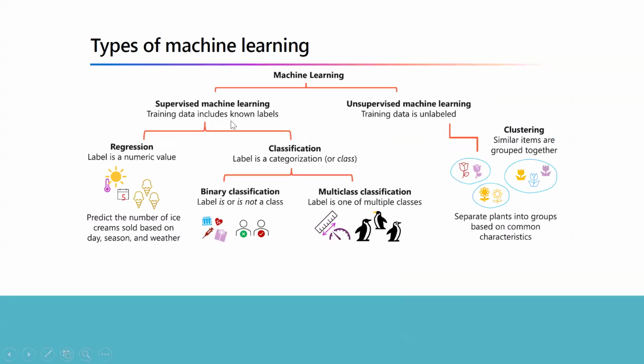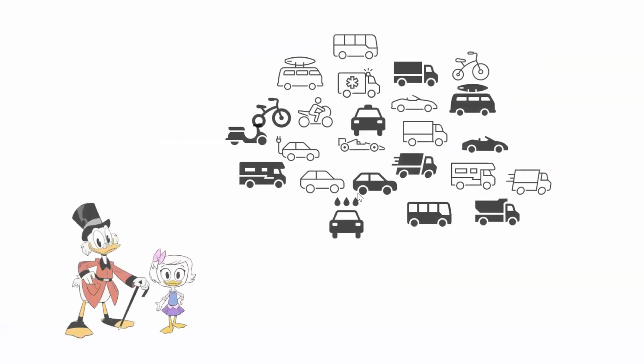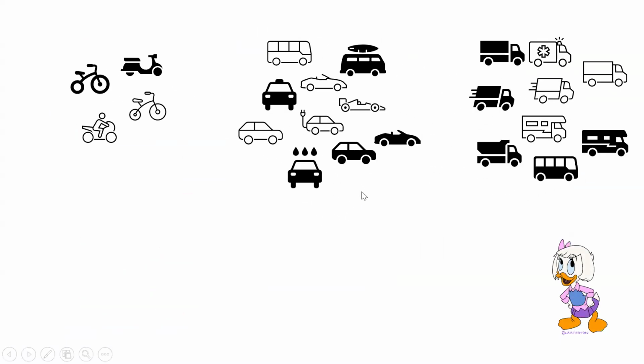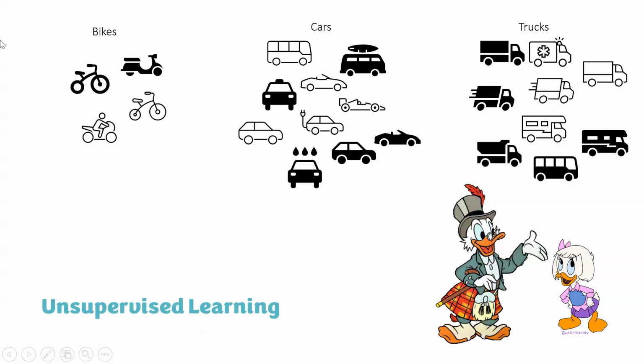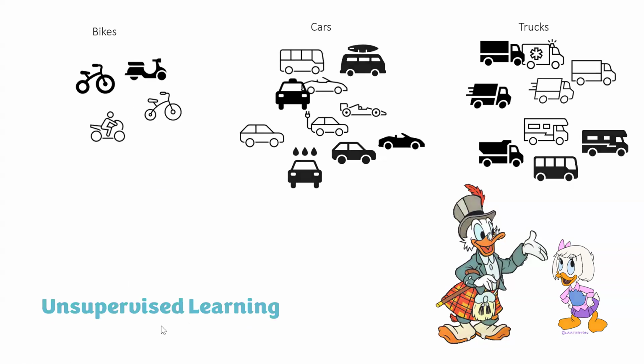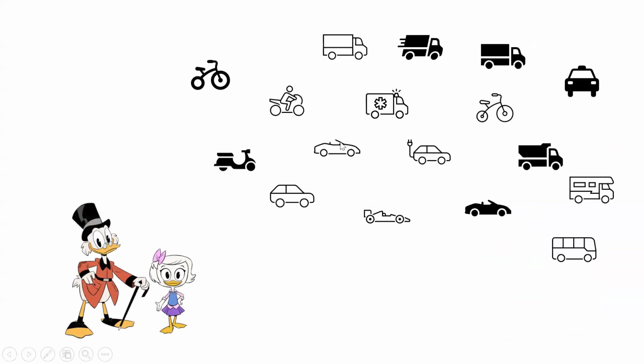What is machine learning? Two types of machine learning. One is supervised, where we have the labeled data; unsupervised, where we don't have the labeled data. Then we saw this diagram. This is basically unsupervised learning, where we have clustered the different images into different groups, and the data was not labeled.